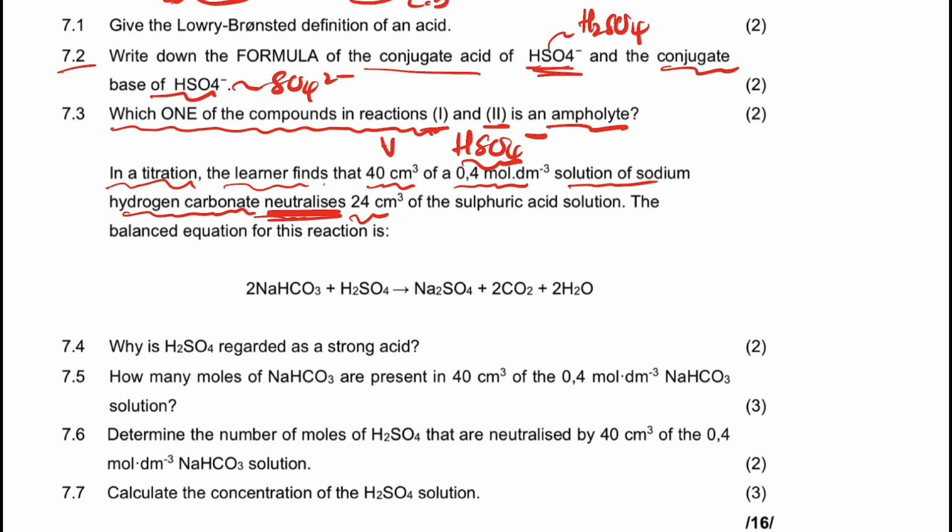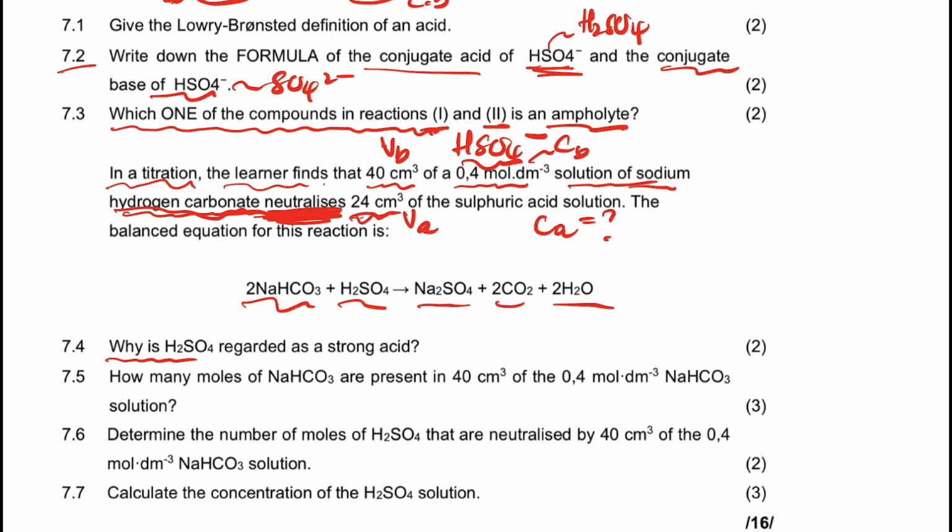This is a volume of sodium hydrogen carbonate. This is a volume of a base, and this is the concentration of a base. Neutralizes is very important. In this titration, they neutralize. This is a volume of an acid, and we are not given the concentration of the acid, right? Now this is the sodium hydrogen carbonate and the sulfuric acid, and it gives us that and that.